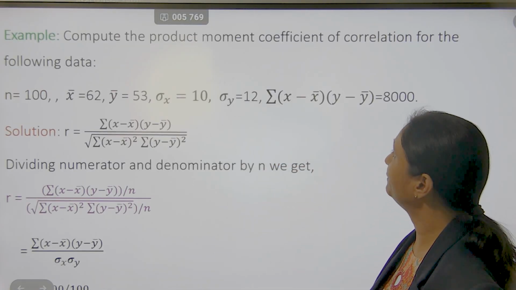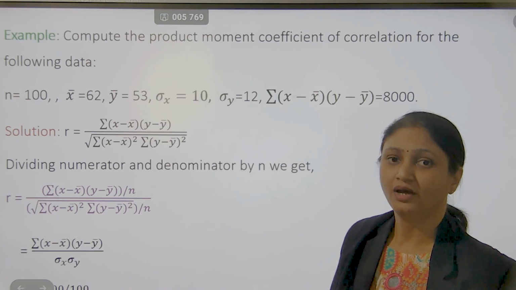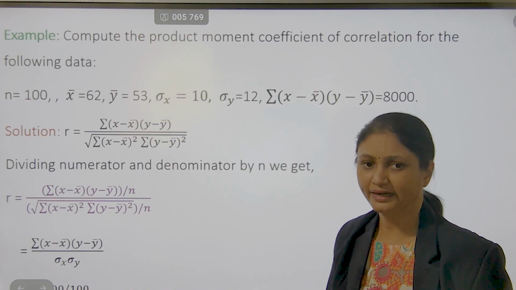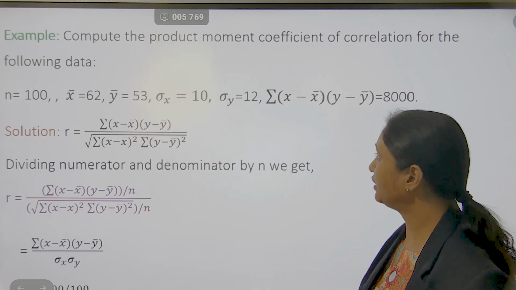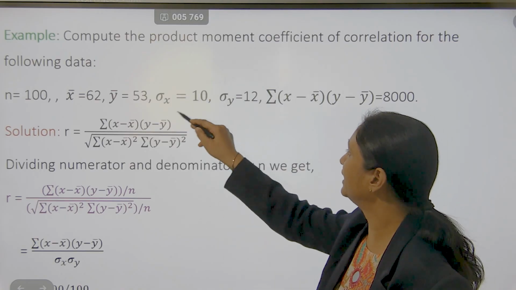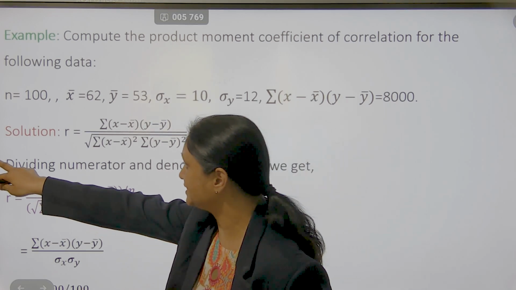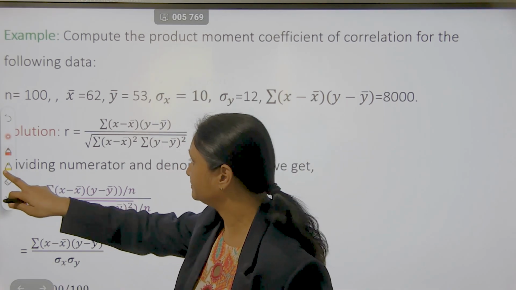Next we have to compute the product moment coefficient of correlation for the following data. Here we have to use the values of sigma x and sigma y, that is the standard deviation of values of x and standard deviation of y.